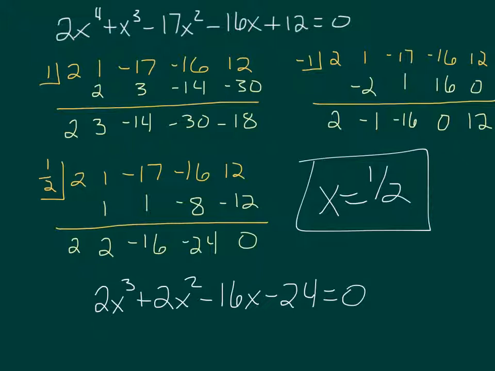Okay, now the original list of possible rational zeros are still the ones we want to work with. There's no reason to restart here. We've already gone through 1, negative 1, and 1/2. So I'm going to jump back to the positive integers. And again, I'm going to keep my eye on any remainder sign changes or zeros.